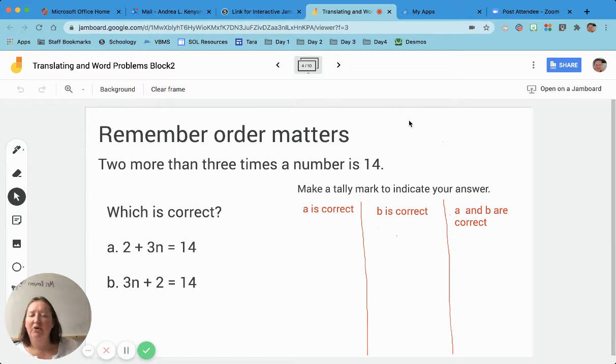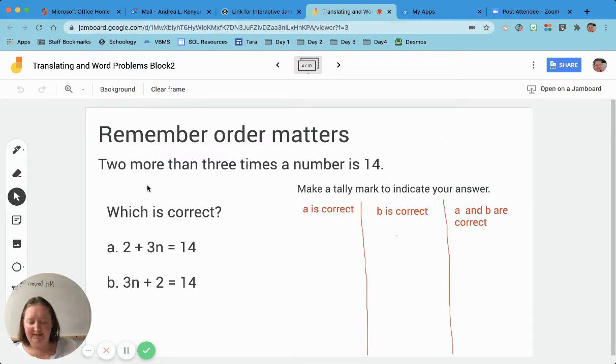Okay, so the order that something is written in is important. 2 more than 3 times a number is 14. So take a look at these two possibilities. We have A and we have B, and I want you to think about what would be the correct way to translate that.